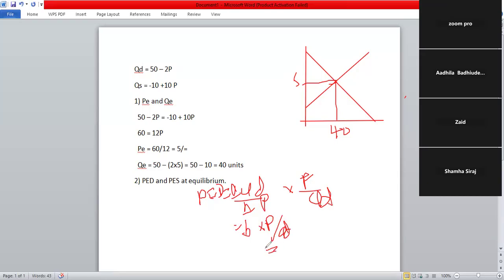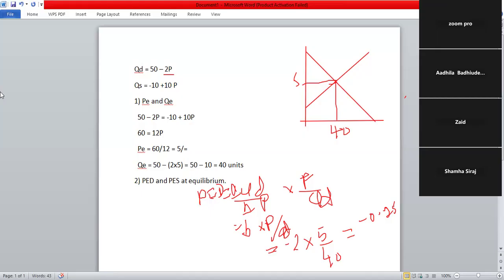So B is minus 2. Can you understand? This is this minus 2. Into price is 5, quantity is 40. Okay. So PED is minus 0.25.